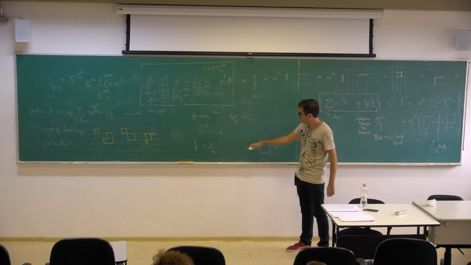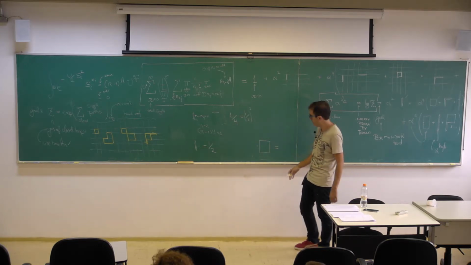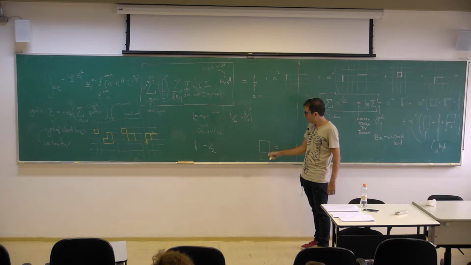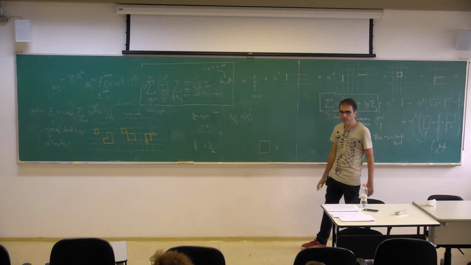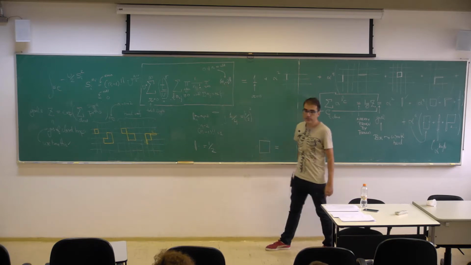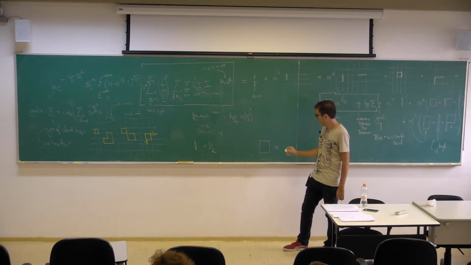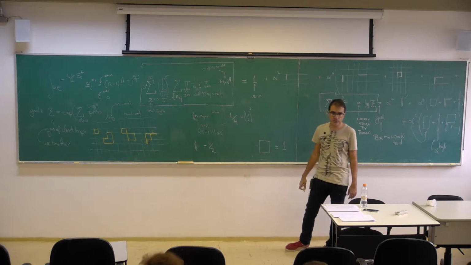So the ones with 0 just give 1, right? 0 factorial is 1. It's nothing, it's just expansion of the exponential. The ones with 1 give 1 factorial, which is 1. That's good. And then, what about this? 2 minus 1 is 1, so it's 1 as well. So it's just 1. Right?